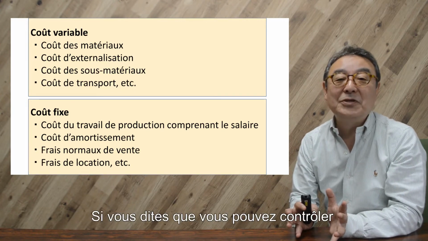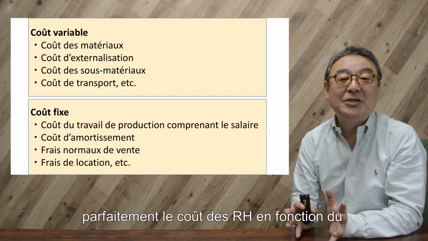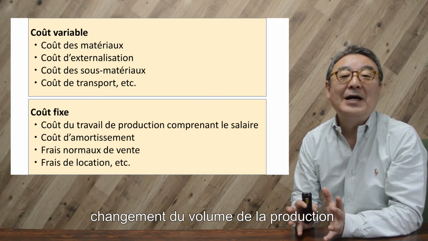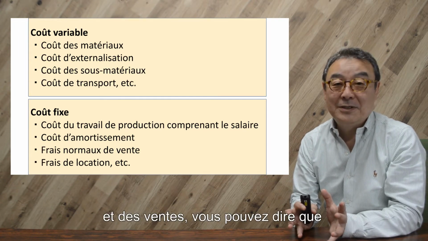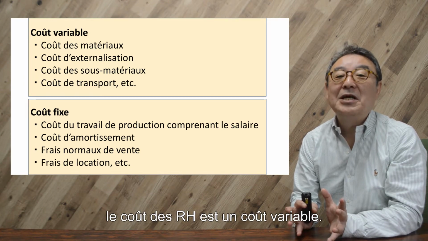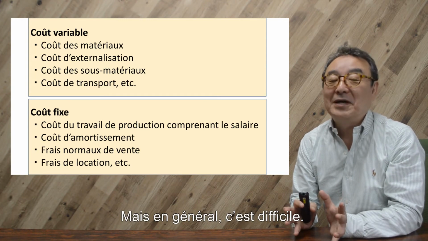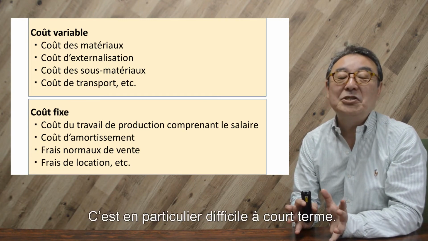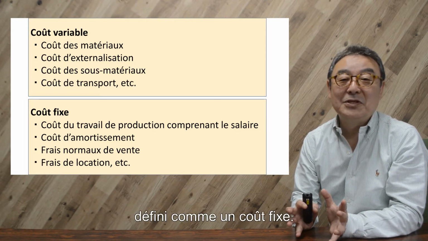If you can control HR cost perfectly according to the volume change of production or sales, you can say HR cost is variable cost. But usually it's difficult, especially in the short-term range. In that case, HR cost should be defined as fixed cost.